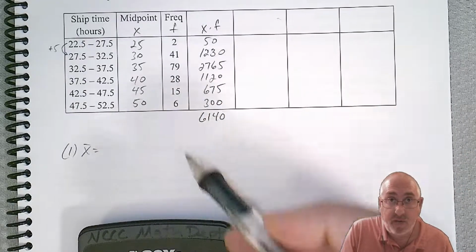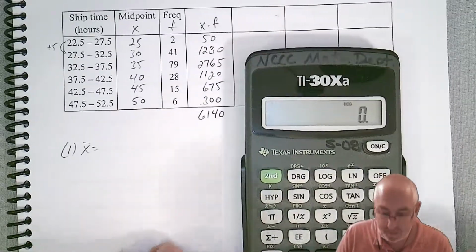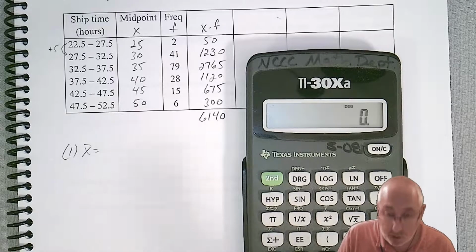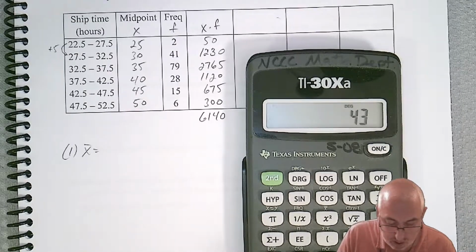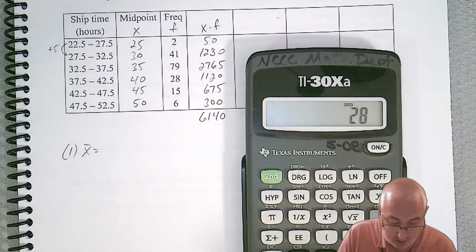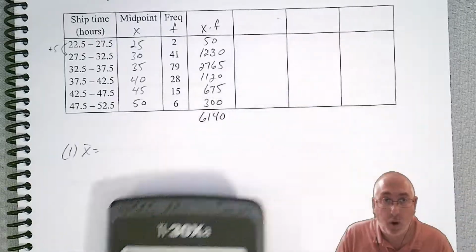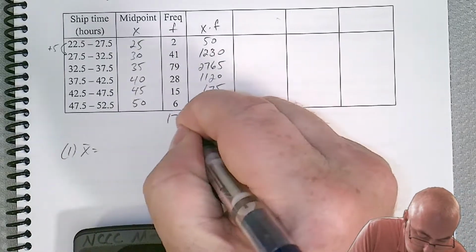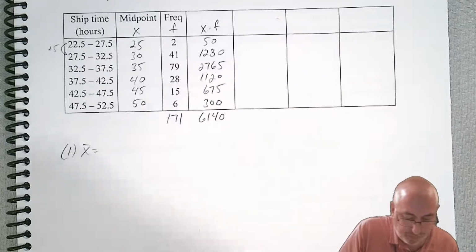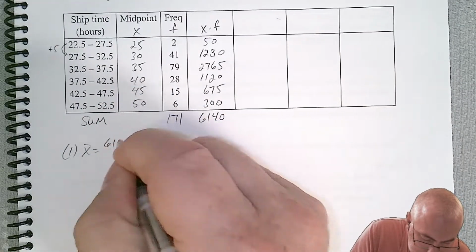And remember, we need to divide by the sum of the frequencies. So 2 and 41 better be 43, plus 79, plus 28, plus 15, plus 6, 171. So let's see what we get.